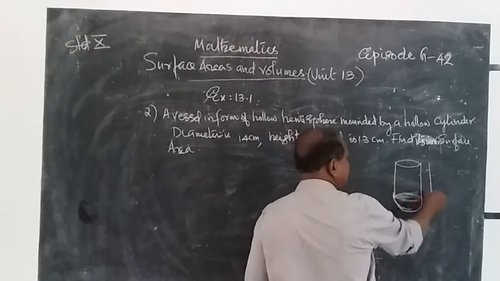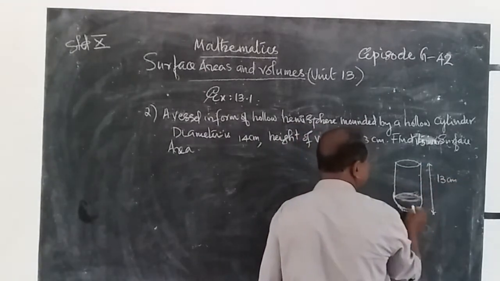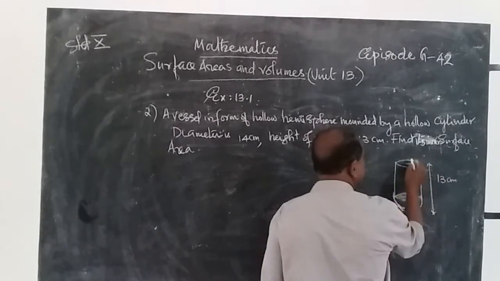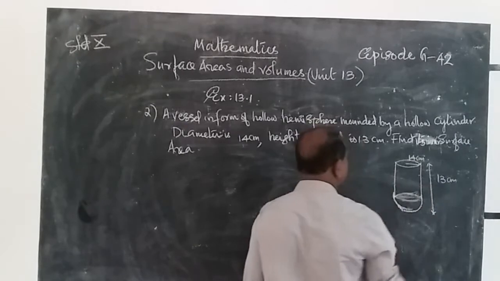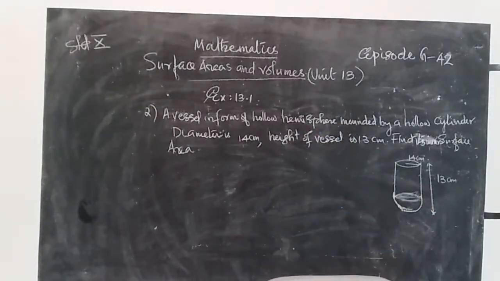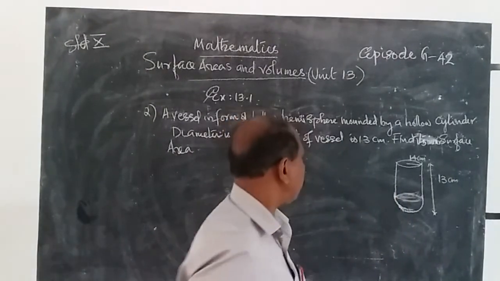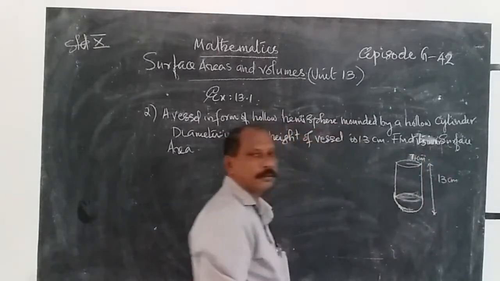The total height is equal to 13 centimeter and the diameter is equal to 14 centimeter. This is not the radius, it is the diameter, therefore the radius is 7 centimeter.